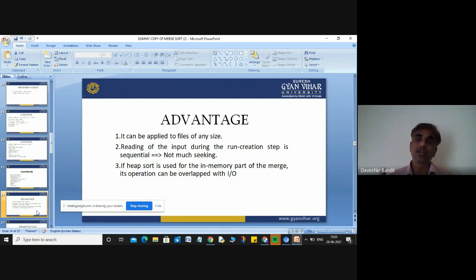Okay. And your third, if heap sort is used for the in-memory part of the merge, its operation can be overlapped with input output. These are all the advantages of your merge sort. The main advantage of your merge sort algorithm is that this technique will apply to a file of any size.